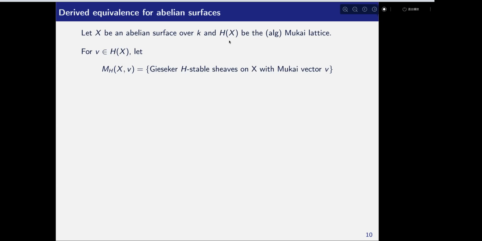Given such a lattice, we can consider the moduli space of stable sheaves on X. This construction is parallel to the K3 case. You just define the stable sheaves on X with Mukai vector v.